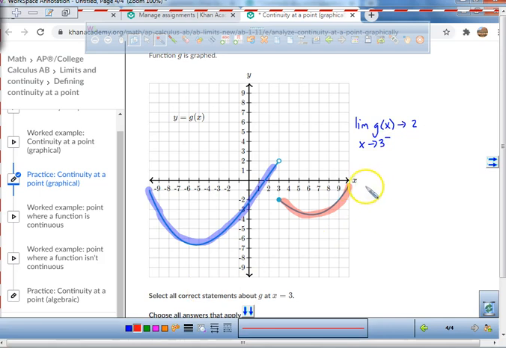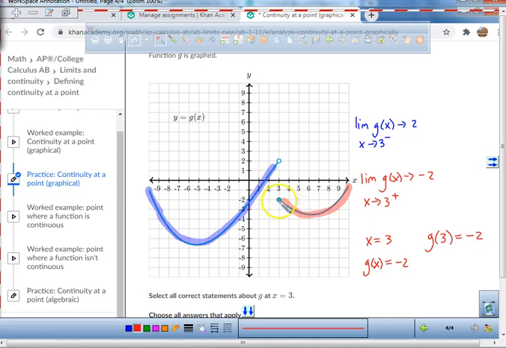And then I would also say the limit of g of x approaches -2 as x is approaching 3 from the right. But actually at x equals 3, it is defined at -2. So g of 3 actually equals -2.